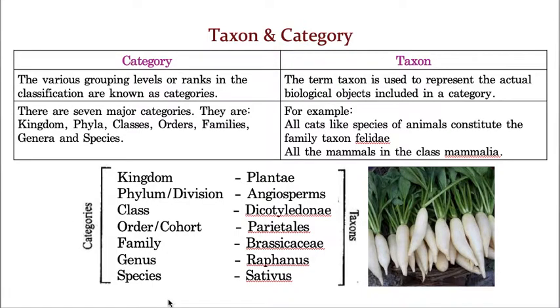Understood now? This is the way you need to differentiate between taxon and category. Category means the rank, the grouping level, whereas the living organisms included under this category are called a taxon.